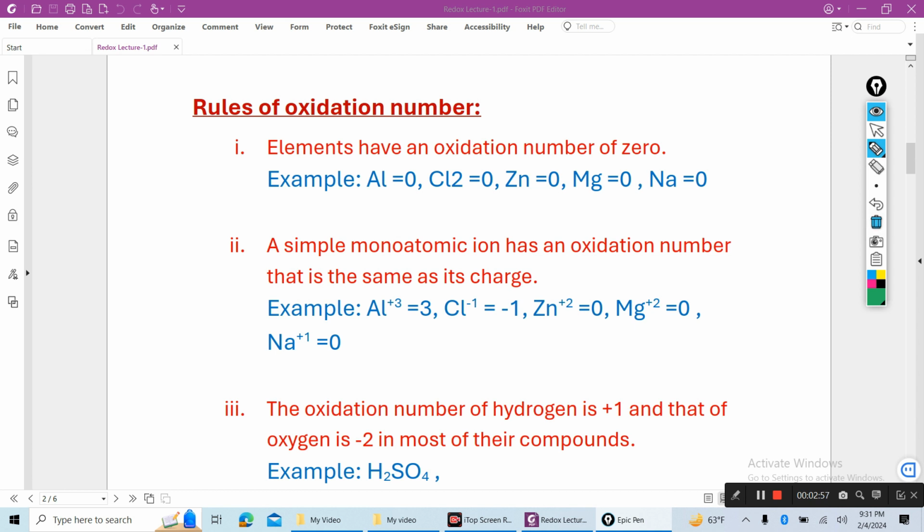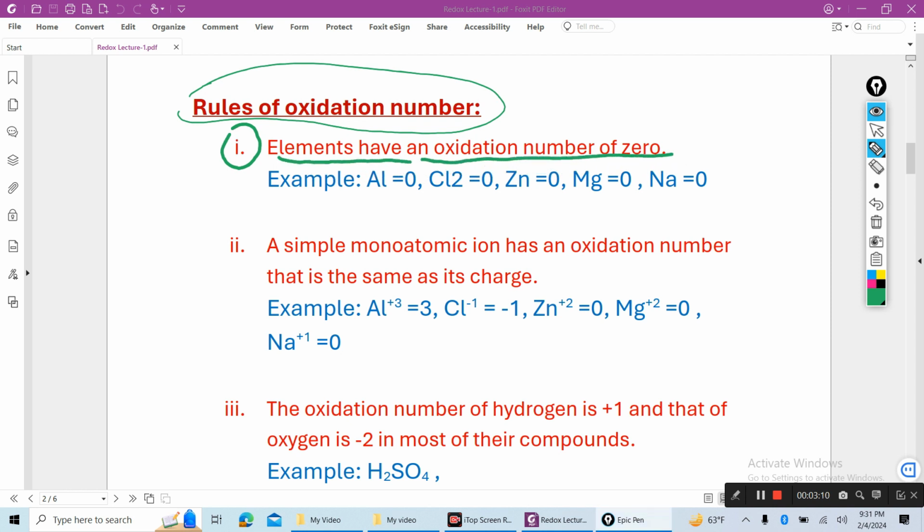Now there are some rules of oxidation number. Rule 1. Elements have an oxidation number of 0. Any element has an oxidation number 0.